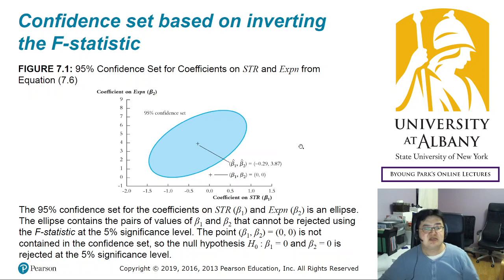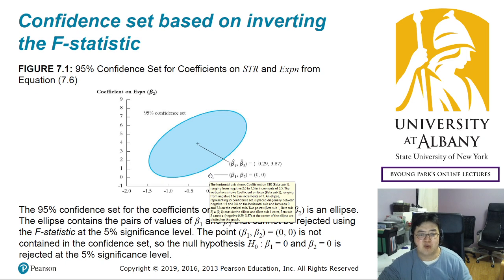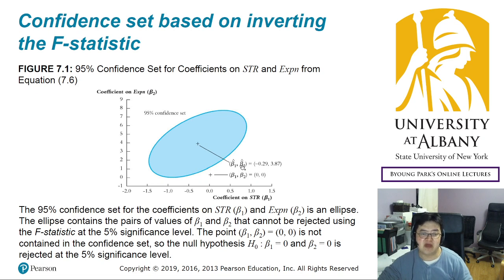However, we can also say that they are not both 0. At least one of them is non-zero, right? If you think about the joint null hypothesis like this, then it must be rejected, because the null hypothesis implies this point, which is outside of the confidence set. The distance is further than the threshold, so a 5% hypothesis test will reject this.